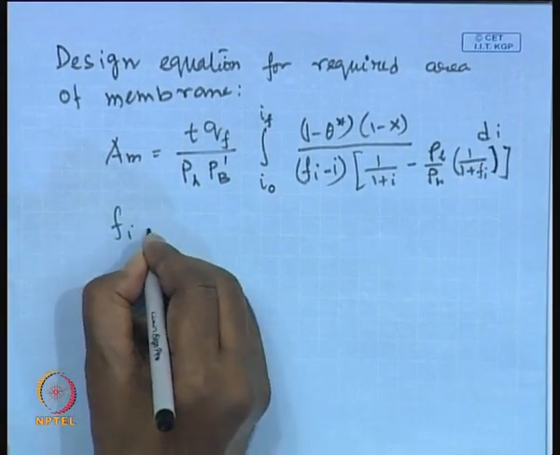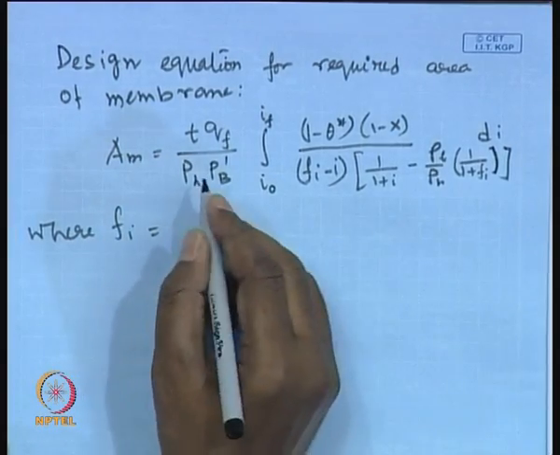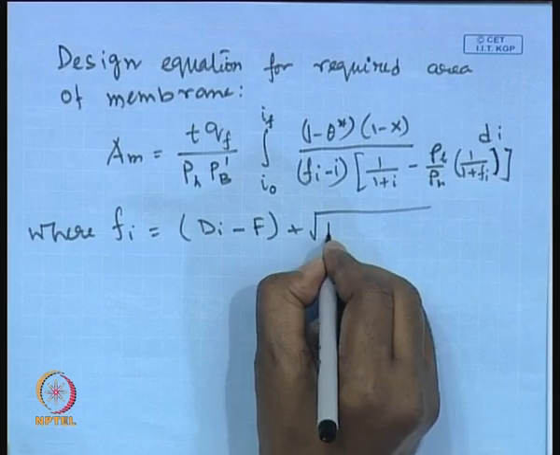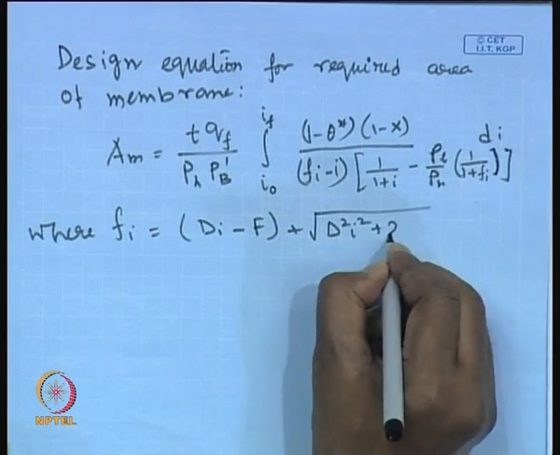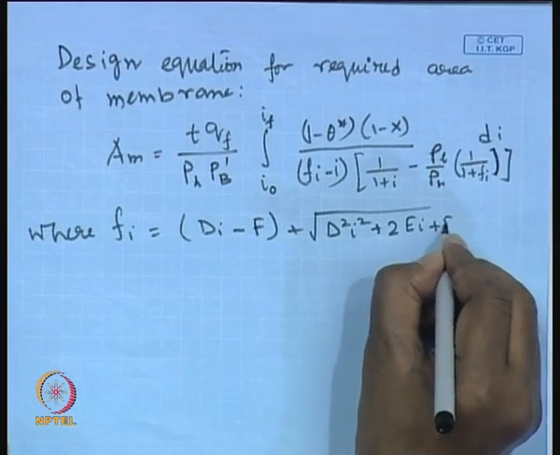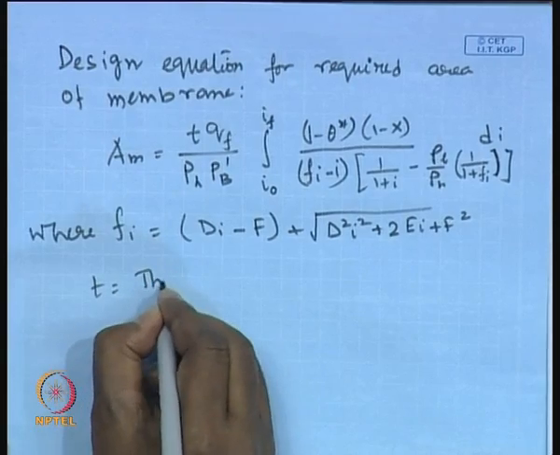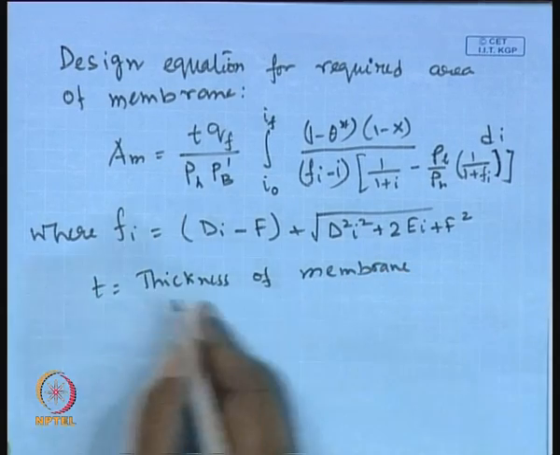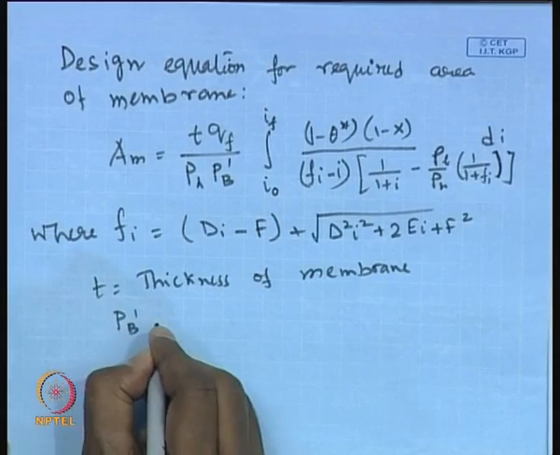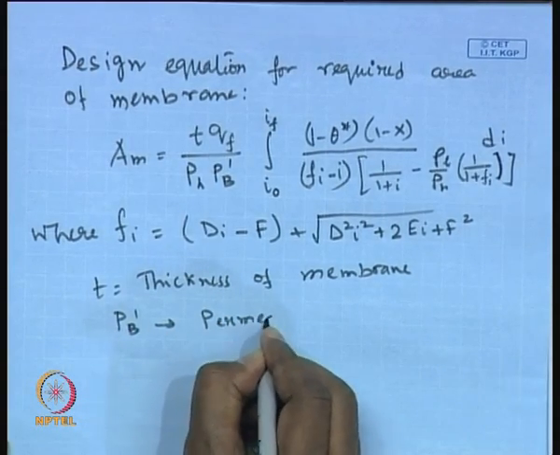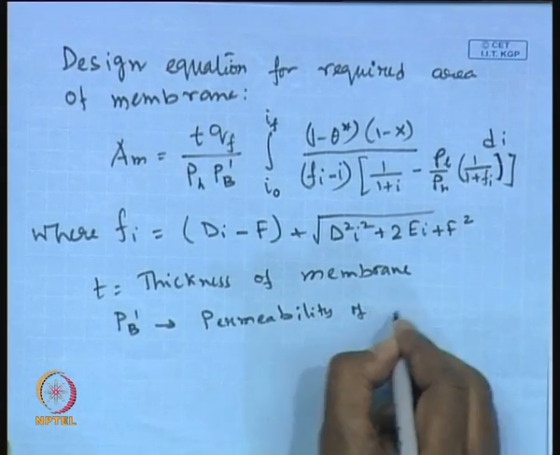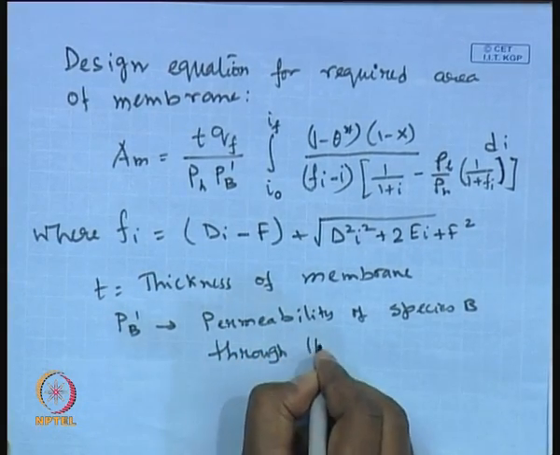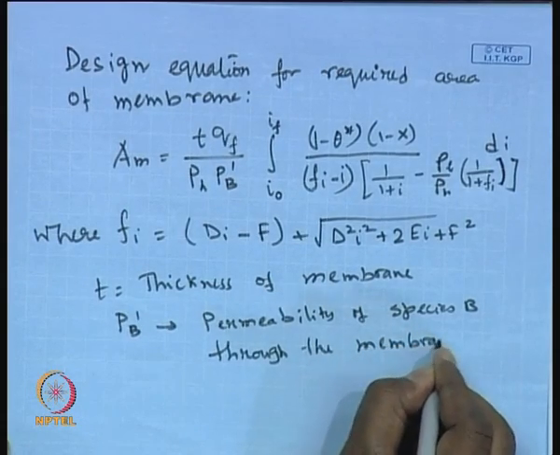where f of I is given as d I minus capital F plus under root d square I square plus 2 E I plus F square, and your T is the thickness of membrane, your P B prime is the permeability of species B through the membrane.